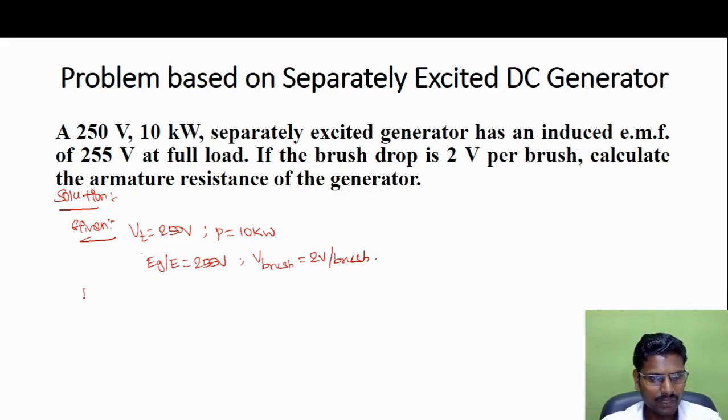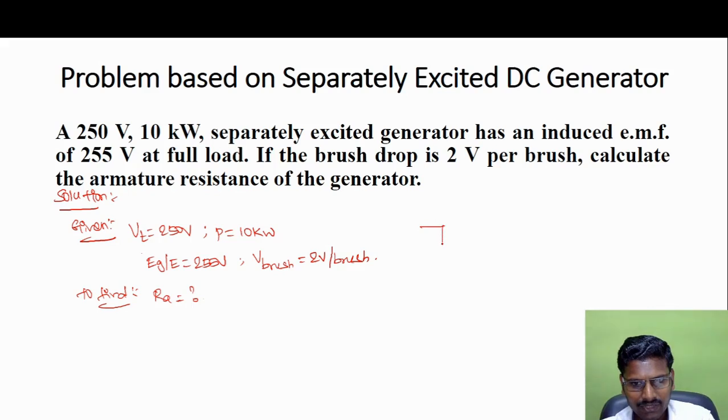So we need to find the value of RA. For this, let me draw a diagram first for the DC separately excited generator. This is the field coil, and this is the armature, and these two are the brushes.